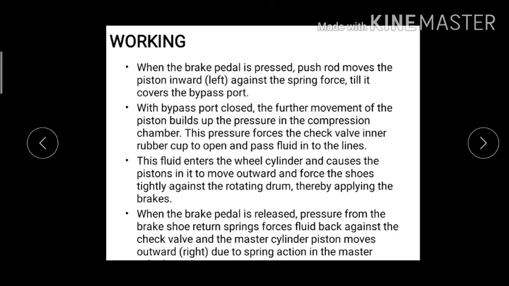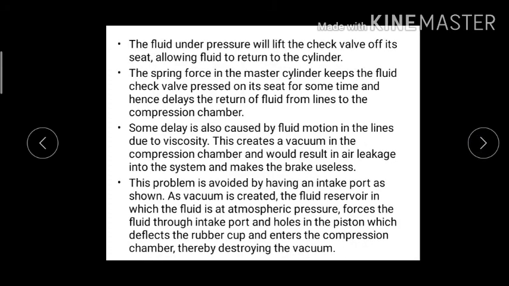Then that fluid flows into the wheel cylinder, where it presses against the brake shoe, and the shoe presses the brake drum, which stops the motion of the brake drum.